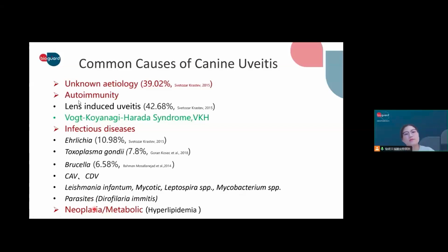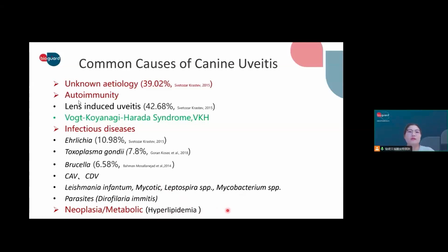The most common neoplasia that causes uveitis is lymphoma in dogs. And less often you may encounter uveitis that is caused by hyperlipidemia.